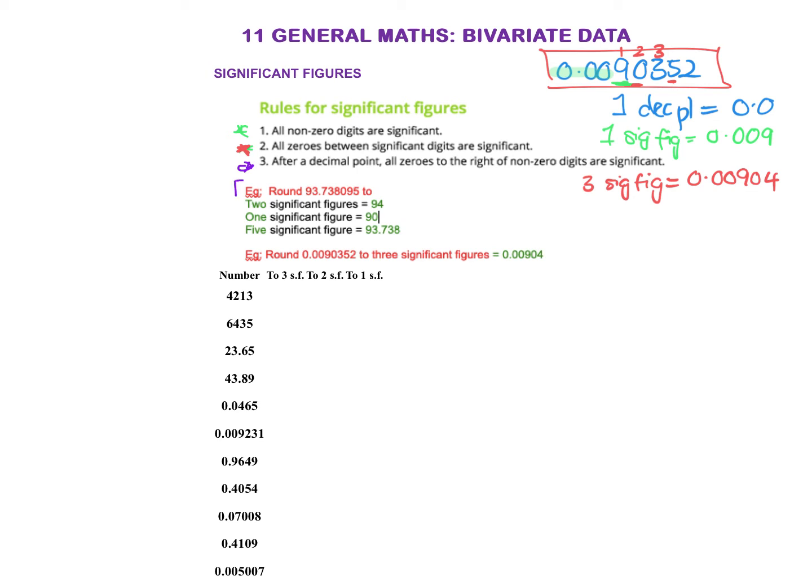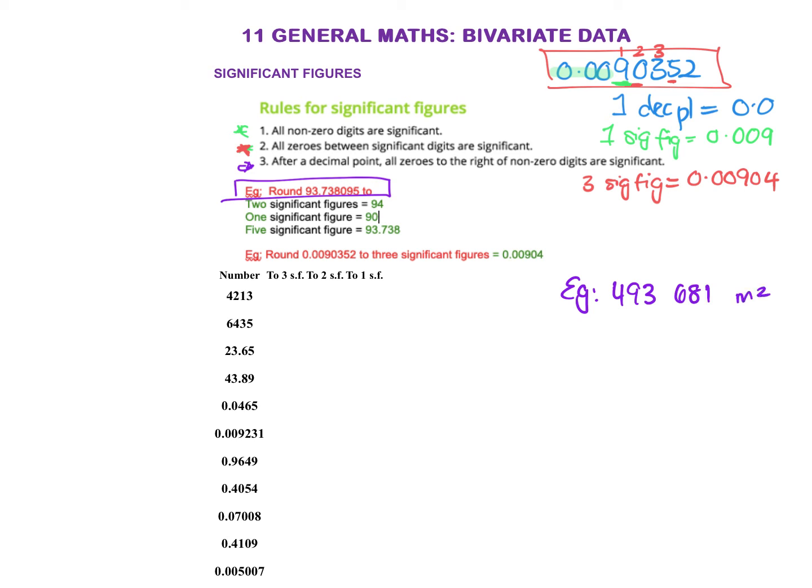I'm going to do another example for you. Sometimes we have really, really large numbers as well. It can often come into, say, the area of a suburb, and say it was in meters squared, and we had 493,681 meters squared.